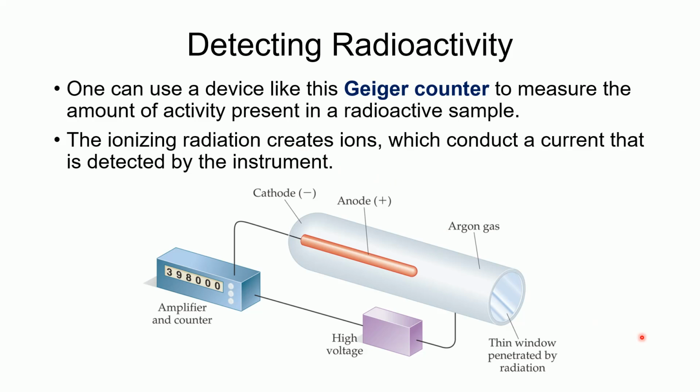Whenever some type of ionizing radiation enters that tube, that causes the argon gas to get ionized, and that allows an electron to move from the cathode to the anode. So every time there's a bit of ionizing radiation, we are able to get a count on our counter. If it's not ionizing radiation, we won't detect it, but if there is ionizing radiation, we can detect it. So that is how that works.